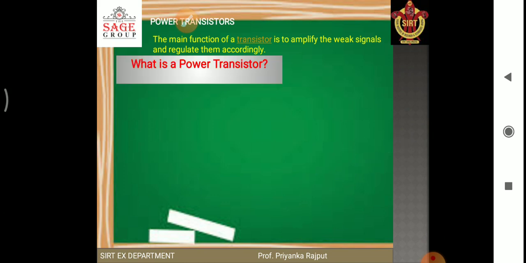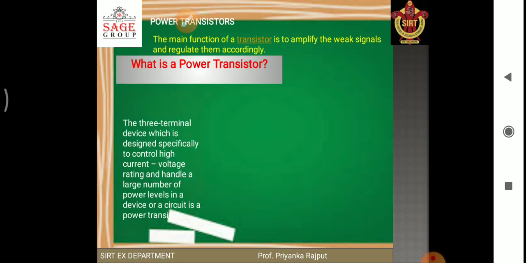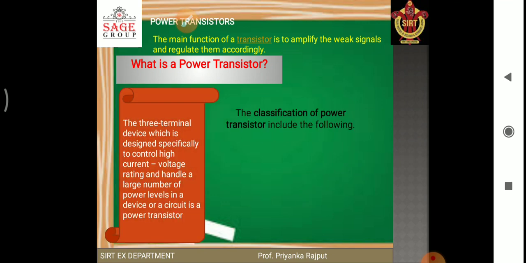Firstly, what is a power transistor? It is a three-terminal device designed specially to control high current and voltage ratings and handle a large power level in a device or circuit.